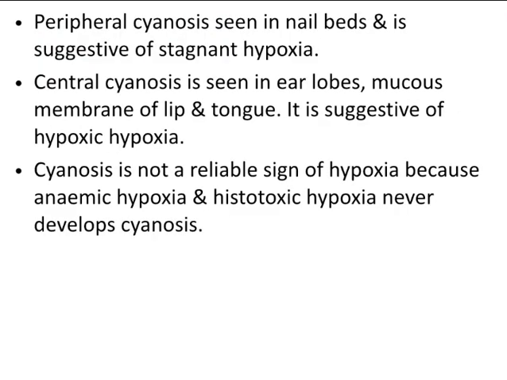Peripheral cyanosis is seen in nail beds and is suggestive of stagnant hypoxia. Central cyanosis is usually seen in earlobes, mucous membrane of lips and tongue, and is usually suggestive of hypoxic hypoxia. Now cyanosis is not a reliable sign of hypoxia, because anemic hypoxia and histotoxic hypoxia never develop cyanosis.